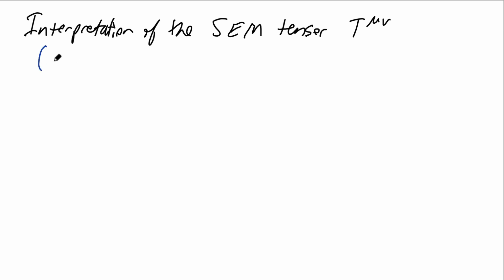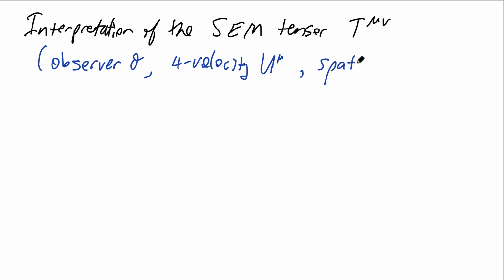So we have an observer, O, with 4 velocity u mu, and I won't bother to put a subscript O on that, and spatial basis vectors E mu sub I. There are 2 main definitions.